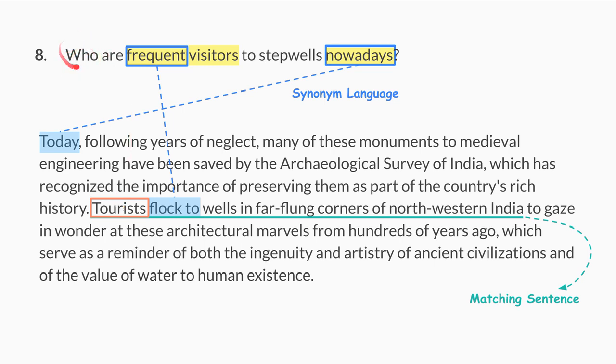We are looking for a person or a group of people. So in this case, the group of people happens to be tourists. Great, so we have answered this question, and at the end you can put a number 8 next to it if there are more questions in the question set, or if this happens to be the last question in the question set, then you don't have to do this.